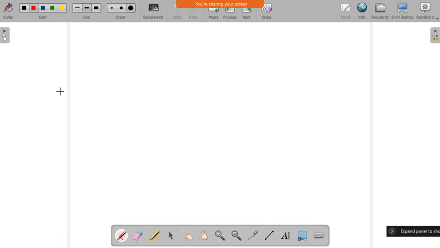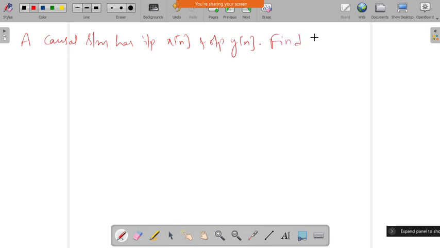Okay. So, now you can take this one. A causal system has input x(n) and output y(n).